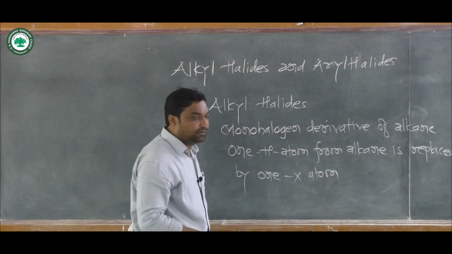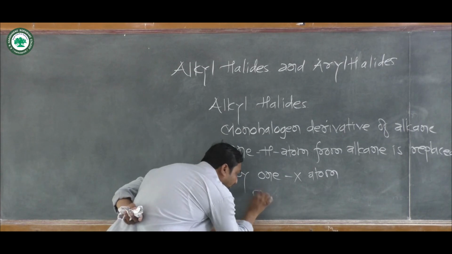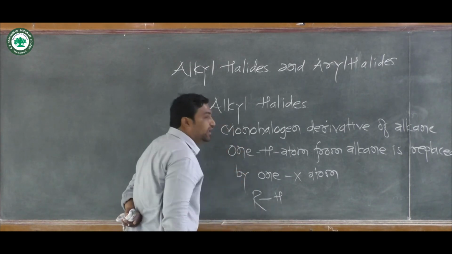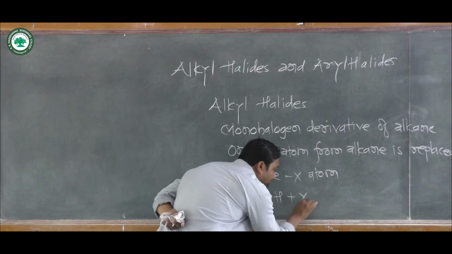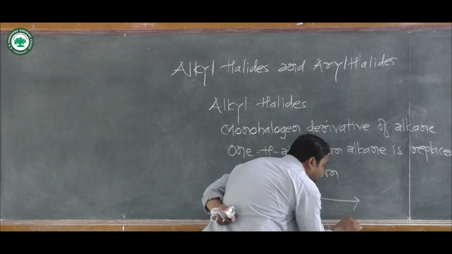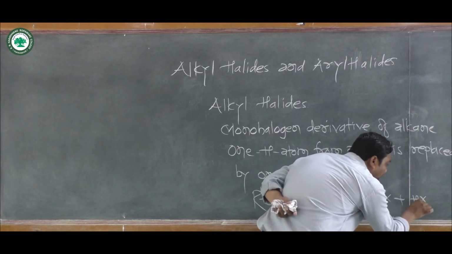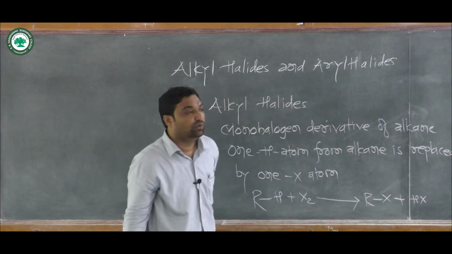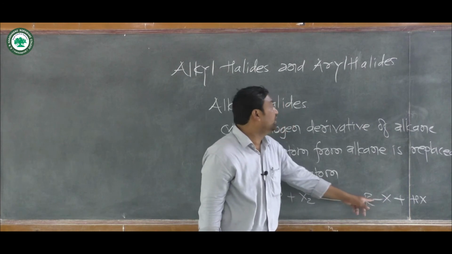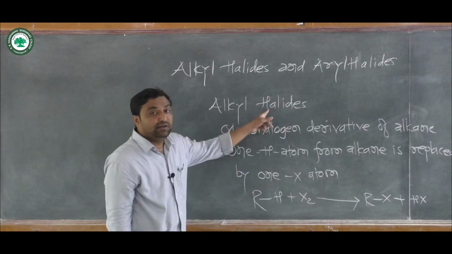For example, when an alkane is treated with X2, we will obtain RX, that is alkyl halide, with the formation of haloacid, that is HX.